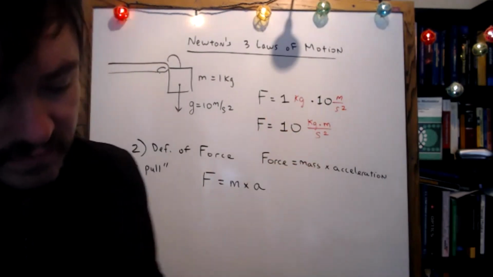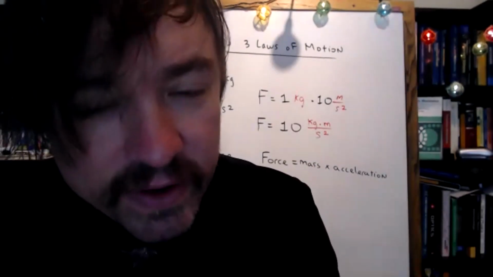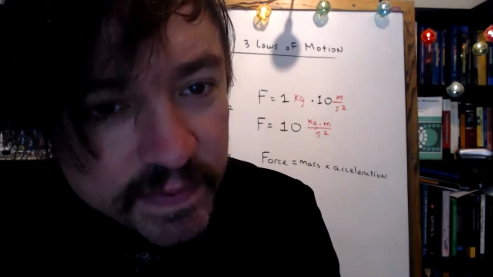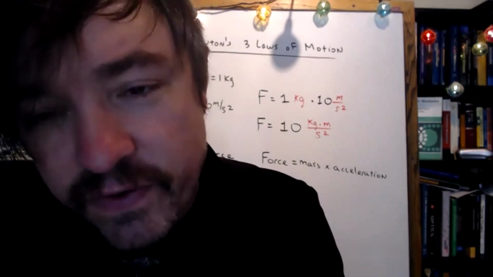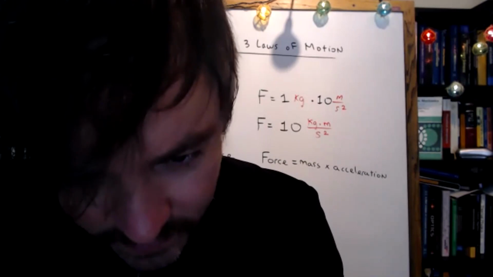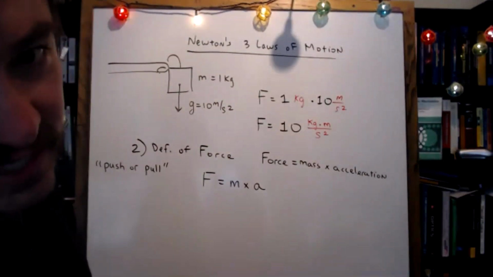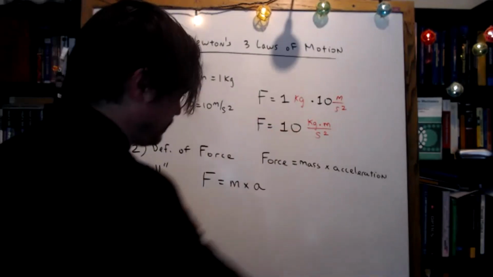Now, I know what a kilogram is and I know what a meter is. I know what a second is. But a kilogram meter per second squared is kind of confusing. It's kind of abstract. So a better strategy is to hide your confusion by inventing a new name for this unit.